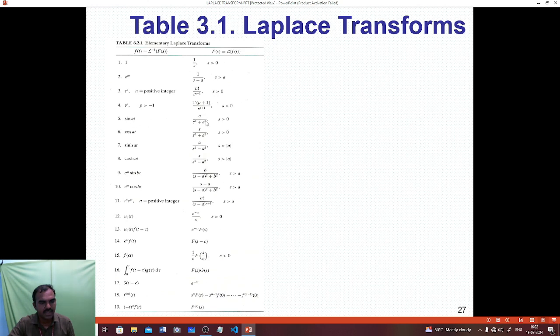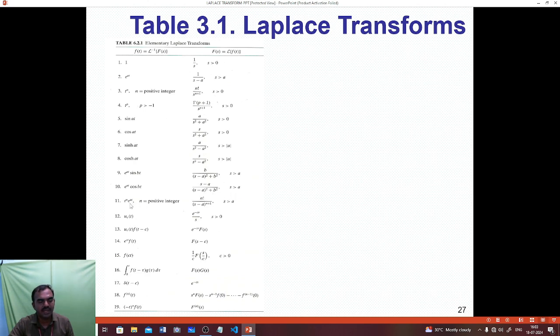Sin at has the formula a by s square plus a square, cos at is s by s square plus a square, and for all these s is greater than 0. Sinh at, the hyperbolic function, is a by s square minus a square, s greater than modulus a, and cosh at is s by s square minus a square, s greater than modulus a. e power at sin bt is b by (s minus a) the whole square plus b square, s greater than a, and e power at cos bt is (s minus a) by (s minus a) the whole square plus b square, s greater than a.